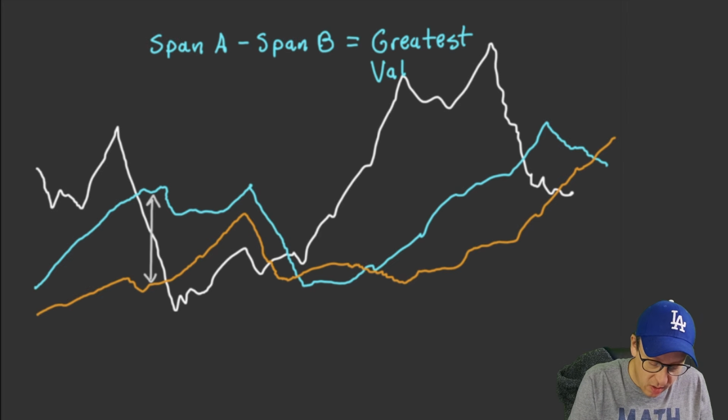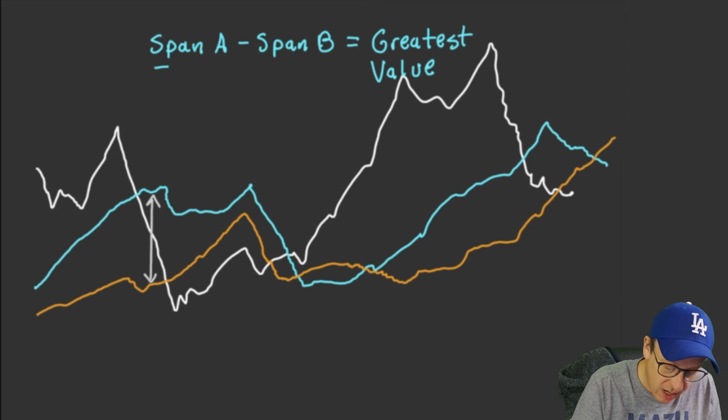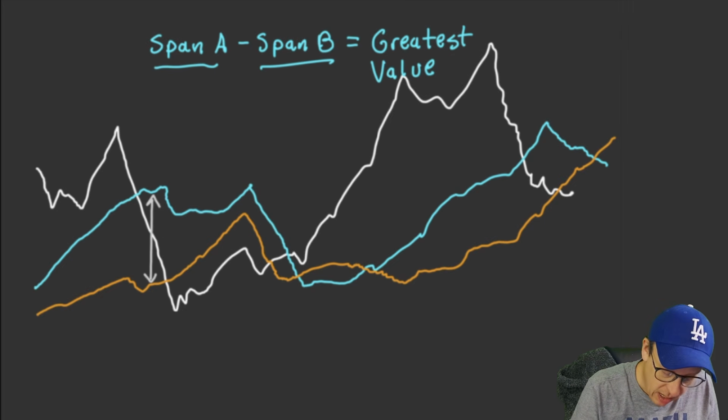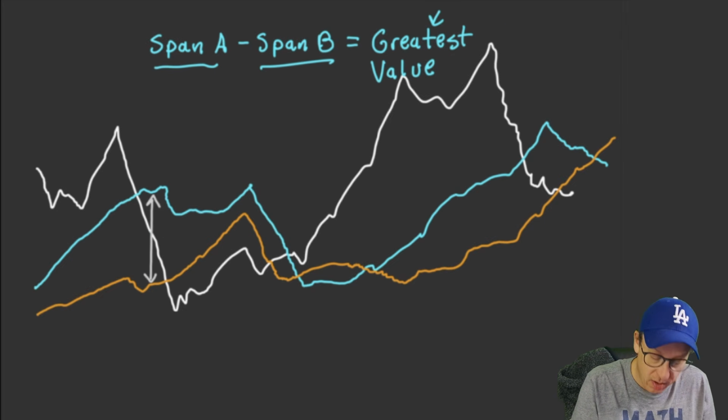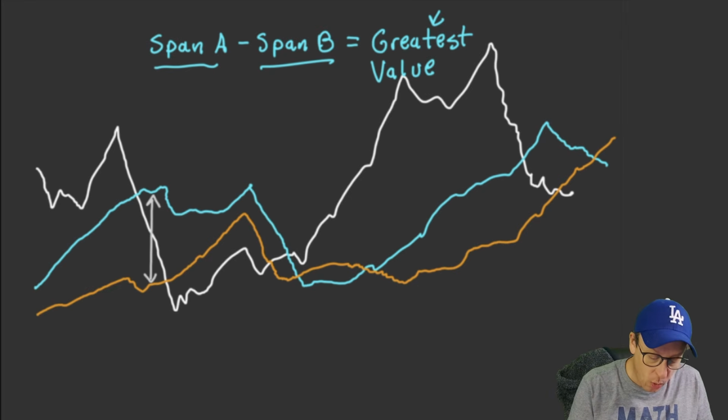I showed you in the videos how to generate span A and span B. You just search through your stocks and find the stock, at the very moment you're analyzing, that has this greatest value. That will tell you, out of the entire world of securities, which stock has the highest momentum.